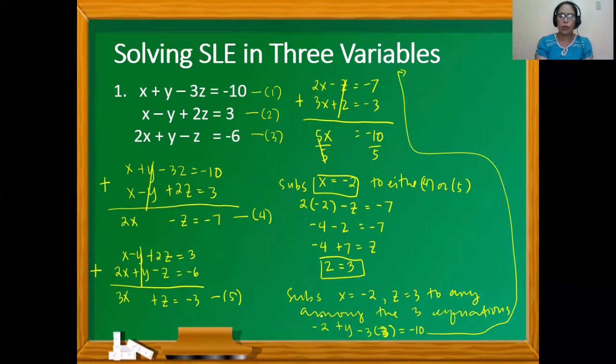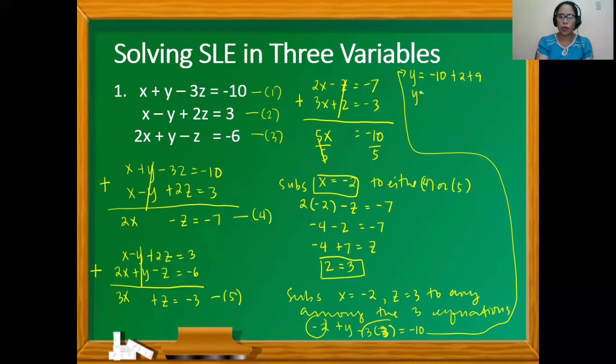So we'll transpose this negative 2 and this negative 9 to the other side of the equation. What will remain on the left side is the variable y, and we have negative 10 on the right side. Negative 2 would mean plus 2, and then minus 9 would mean plus 9 here.